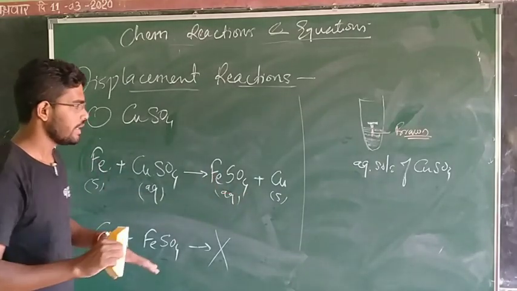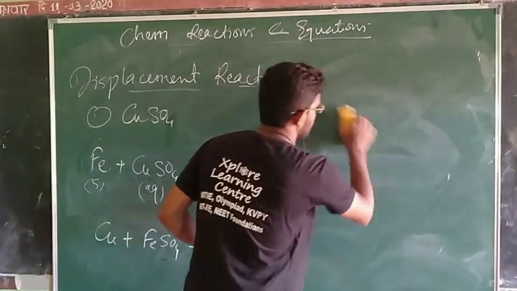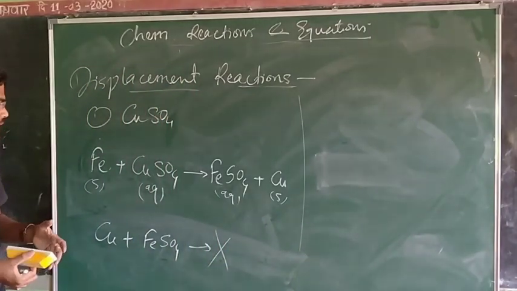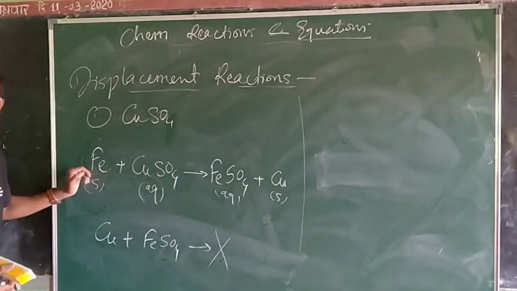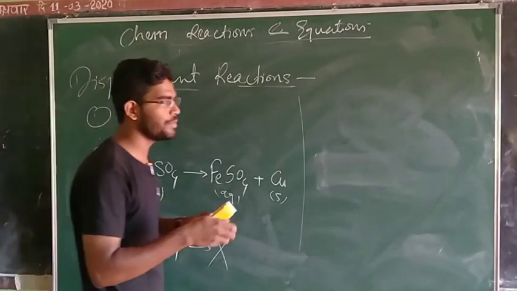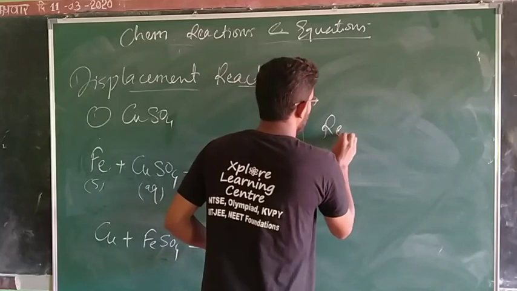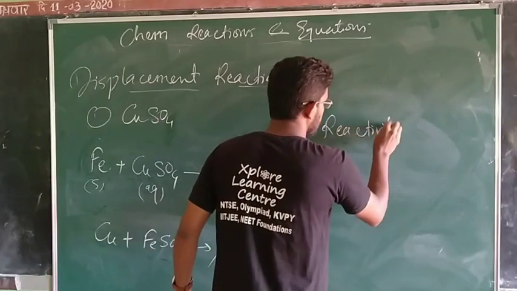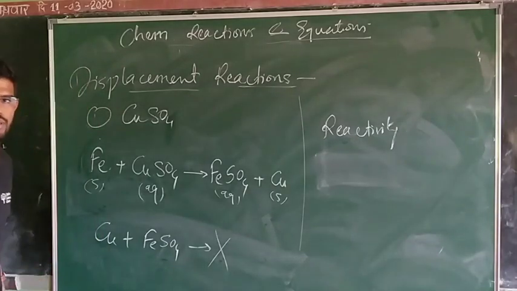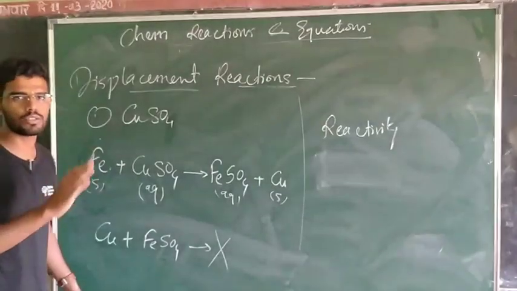Okay? In chemistry, what I am talking about, the strength or the ability or the capacity that is needed with this element to displace any of the species from the compound, we may term it as reactivity in chemistry language. Okay, chemistry भाषा में उसको reactivity बोल सकते हैं.